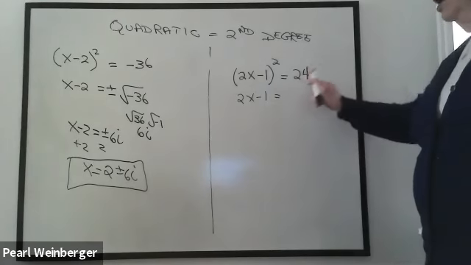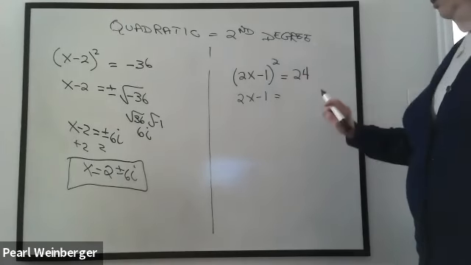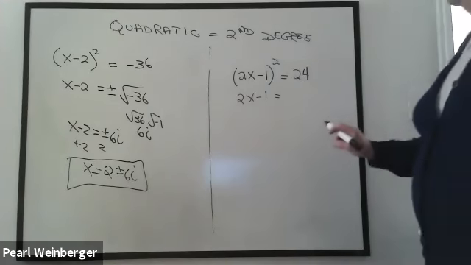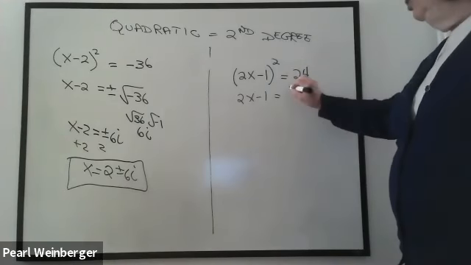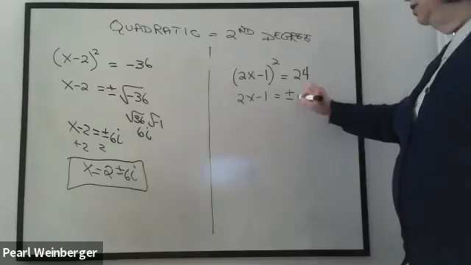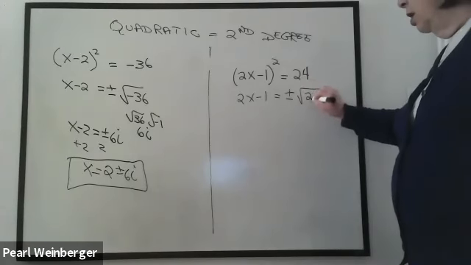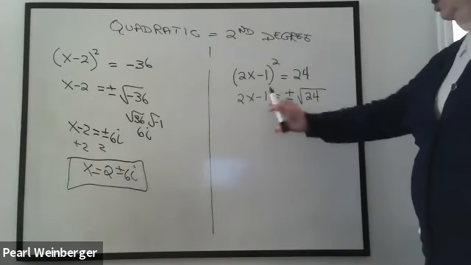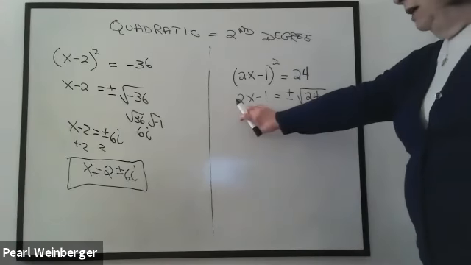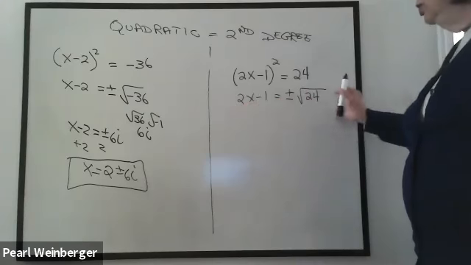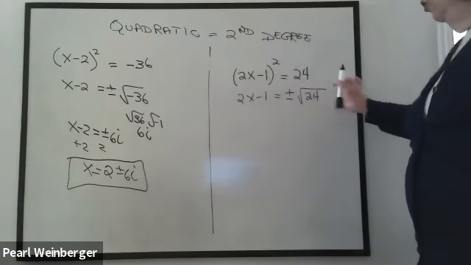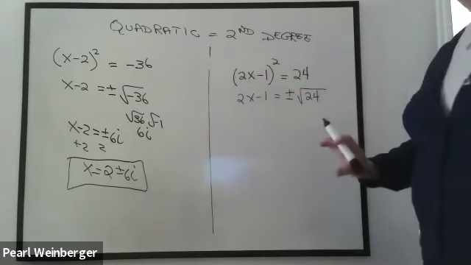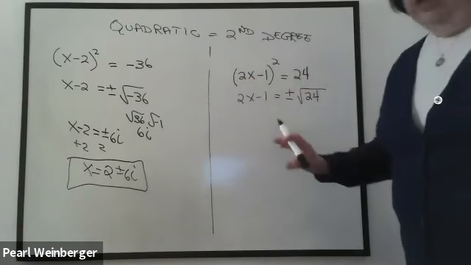On the other side, that's not squared, I have to do plus or minus the square root of that number. So this is my essential step when using the square root method.